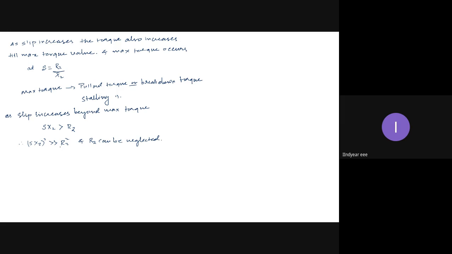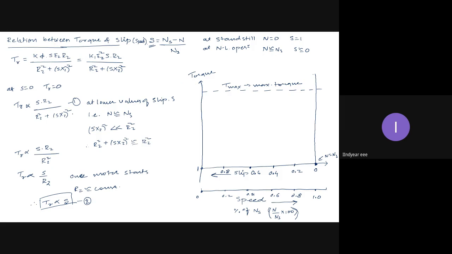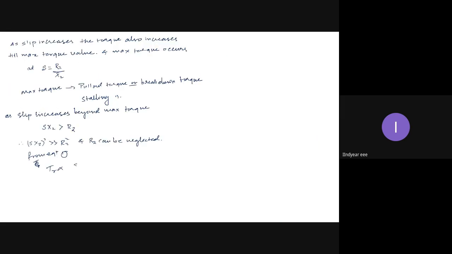Okay. Therefore, from equation 1, my TR is now proportional to S into R2 divided by R2 square plus S into X2 whole square, we have.